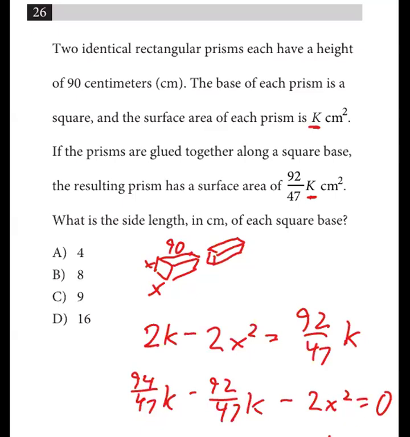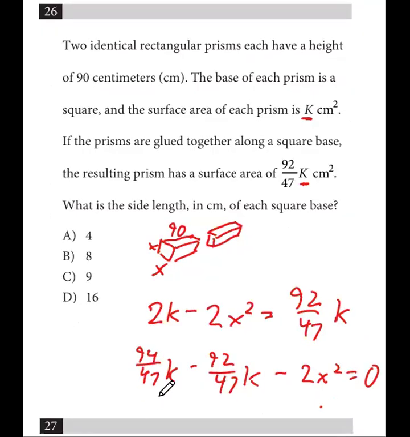Then we subtract, so this gets us 2 over 47K, because 94 minus 92 is 2, equal to, so we add 2x squared to both sides, that gets us 2x squared. Simplifying, we divide both sides by 2, so these 2 cancel out, and then multiply both sides by 47, so we get K is equal to 47x squared.